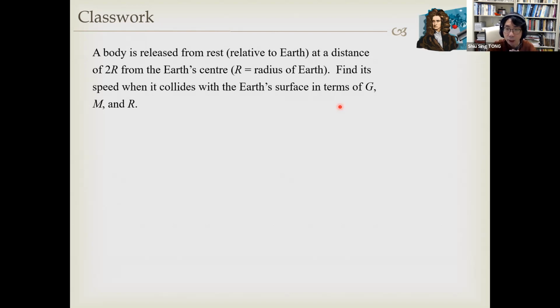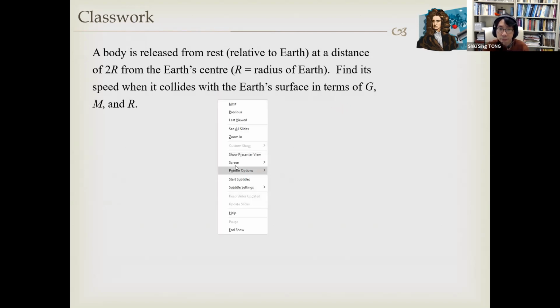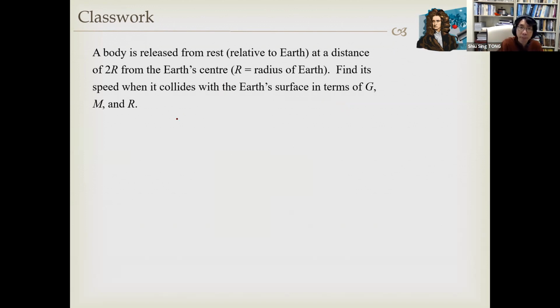Have you got the answer to this problem? Now let's do it together, okay? The initial velocity is 0 because the object is released from rest, right? So we have this to be 0, right?